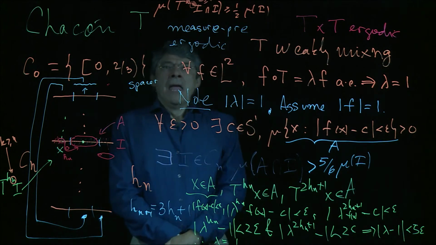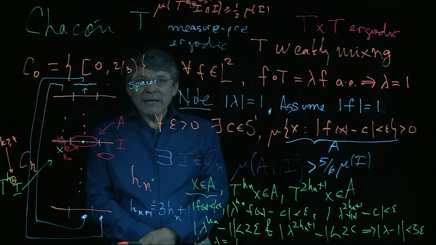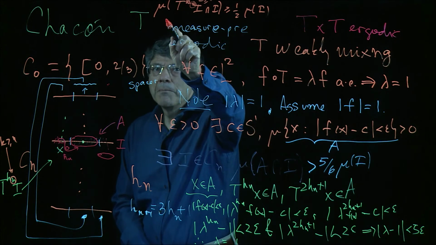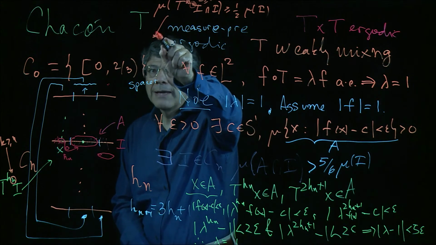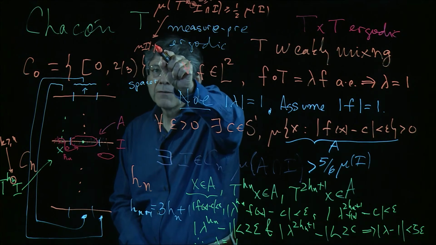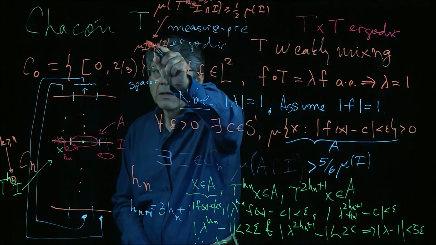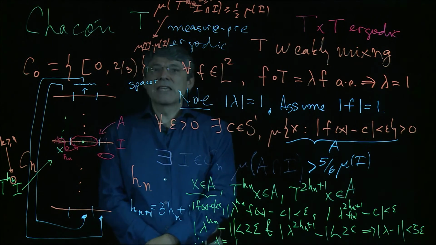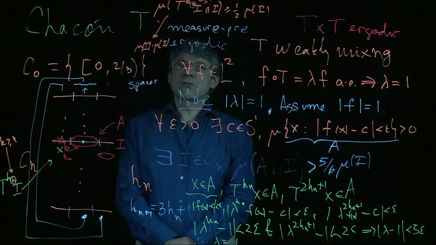Okay. Now, if T were mixing, this would have to converge, and let me do it here. It would have to converge to the measure of I times the measure of I. If it were mixing, it would have to converge to the product of the measures. That is the definition of a mixing transformation.